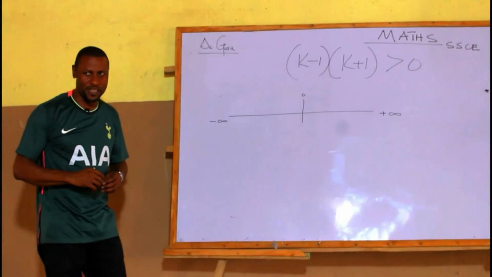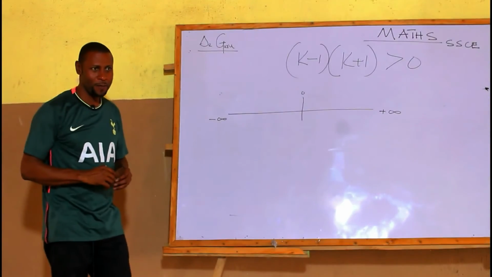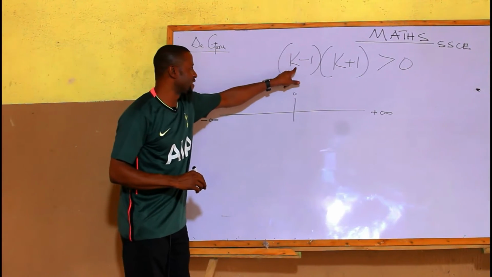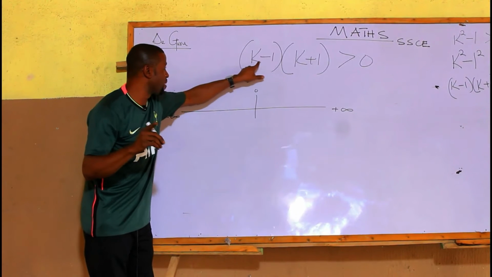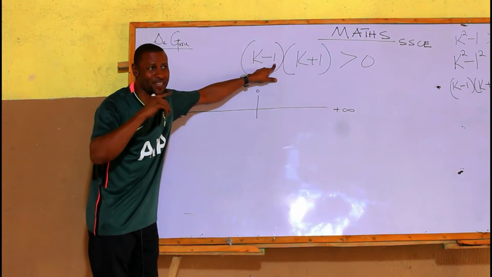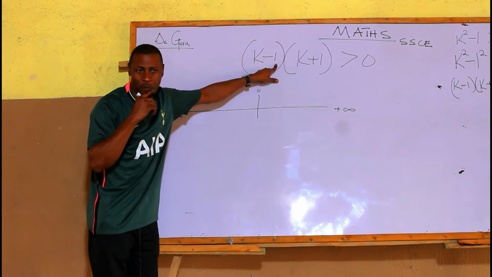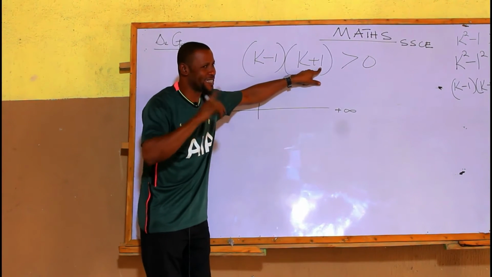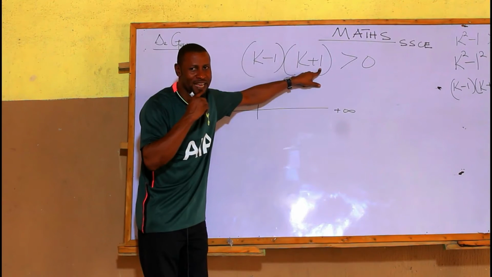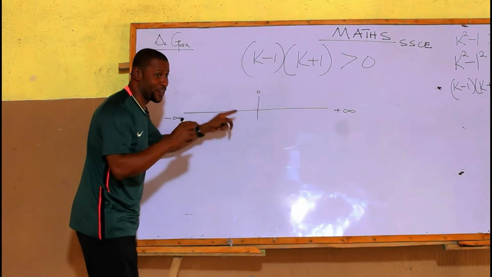Are we looking at the board? Now, this is k minus 1. Assuming k minus 1 is equal to 0, class, what will be k? Assuming k plus 1 is equal to 0, what should be k? So I will go to my number line.